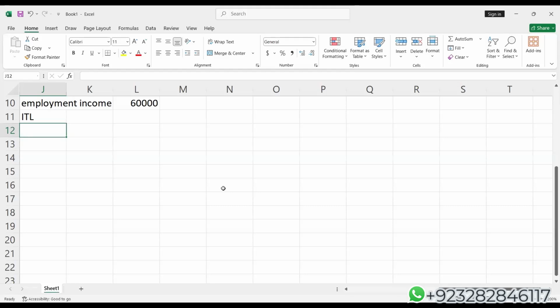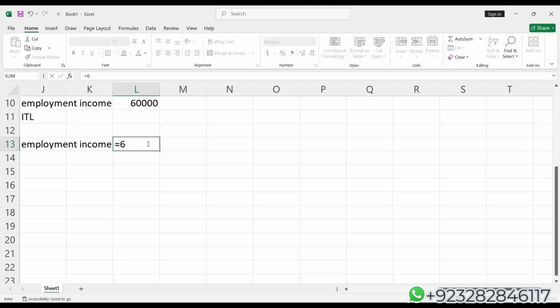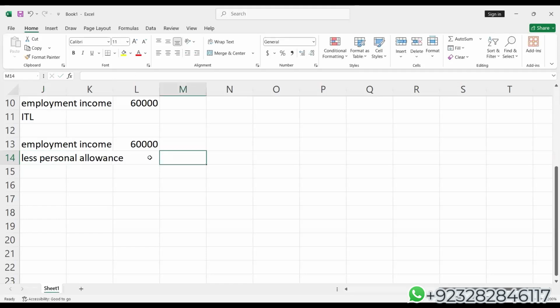Personal allowance is 12,570. So employment income is simply 60,000. We will deduct personal allowance, and the personal allowance is 12,570.